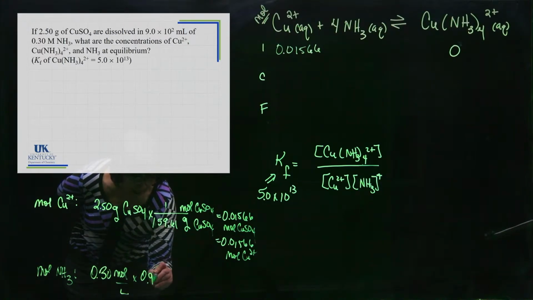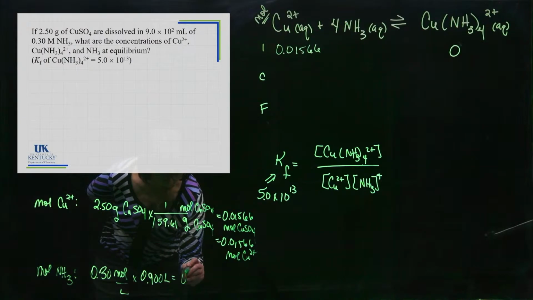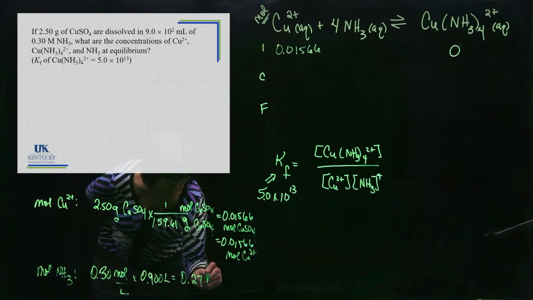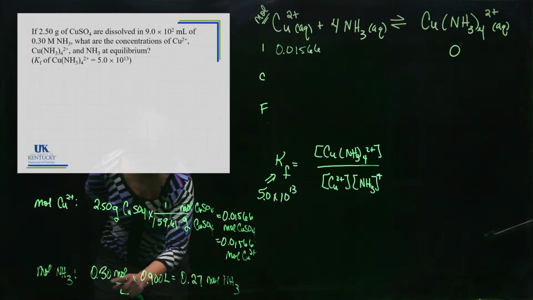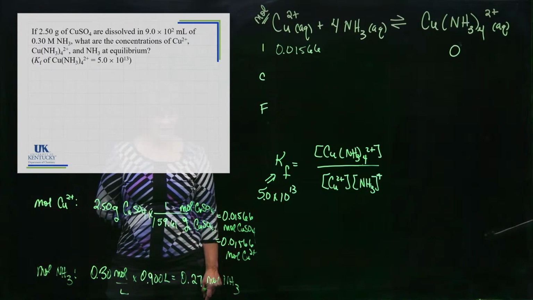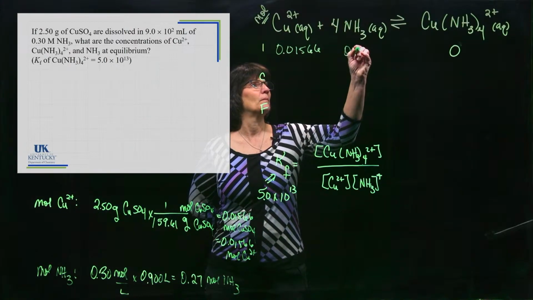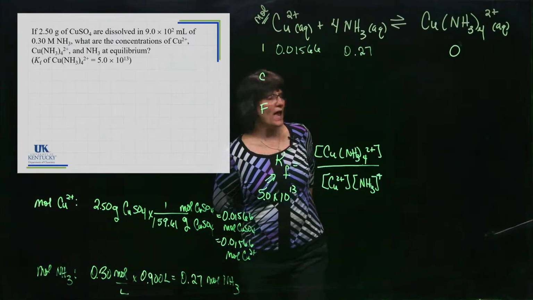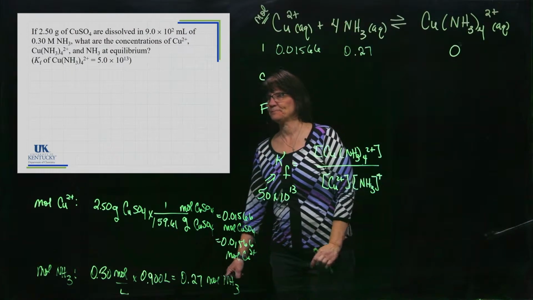That's 0.9 liters. Okay? And that's going to give me 0.27 moles of ammonia. Molarity times volume will give me the moles of that. And I can put 0.27 here. Okay. So now we have got ourselves the first line.